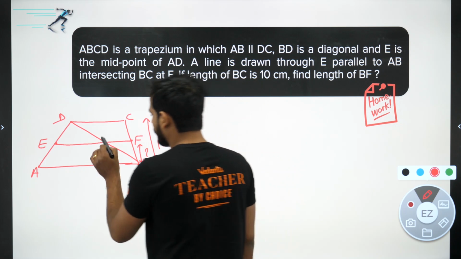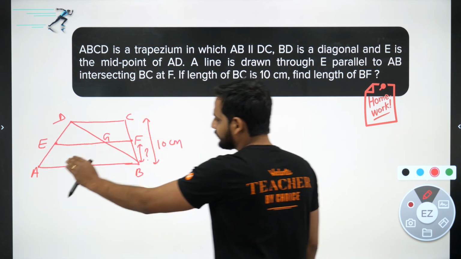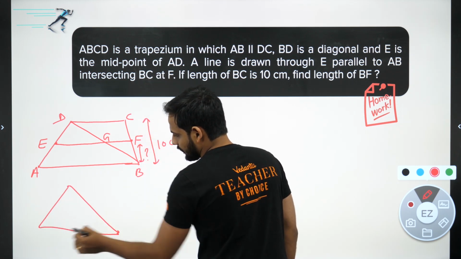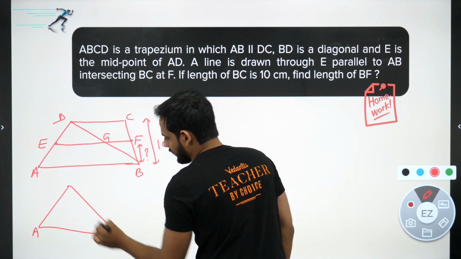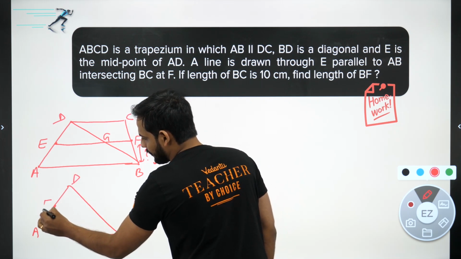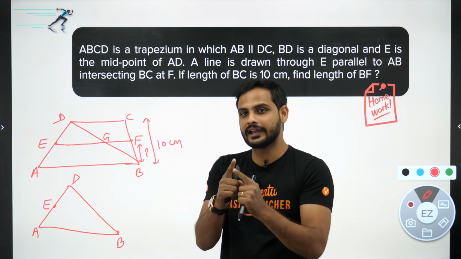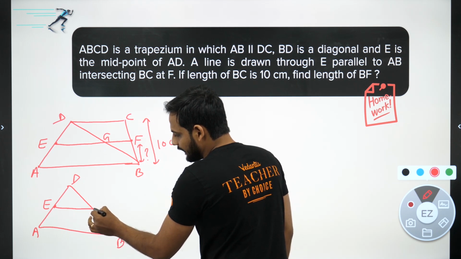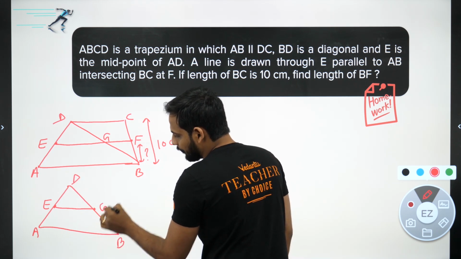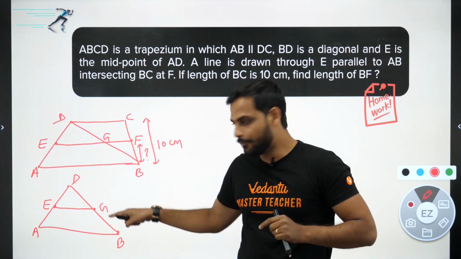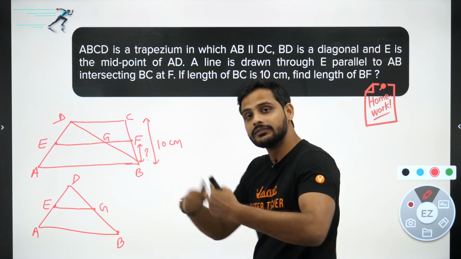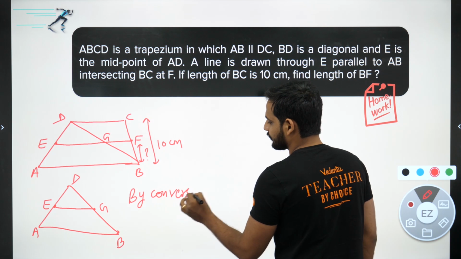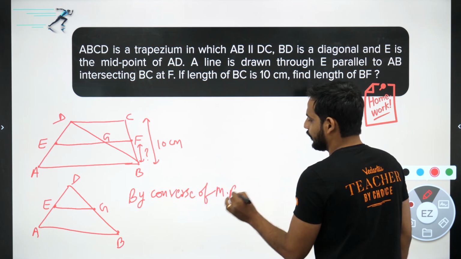First, let us say this is a point G. Look at triangle ABD, where E is the midpoint. If from the midpoint of one side you draw a line parallel to the next side, it will intersect the third side BD at a point, and this point will be the midpoint. This is the converse of the midpoint theorem.